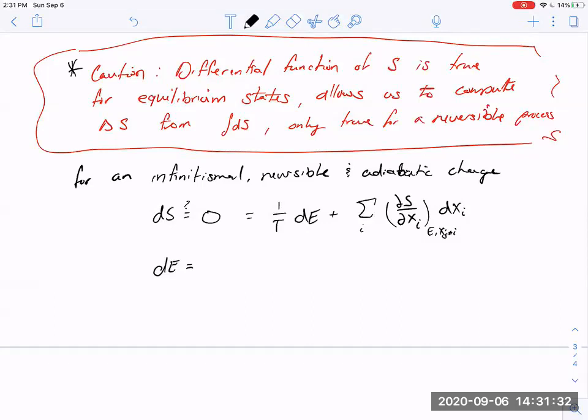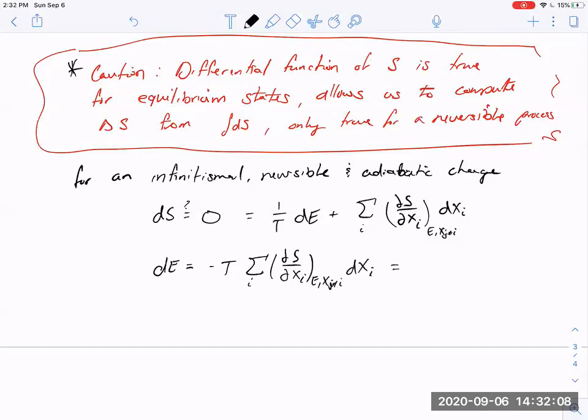So we have minus T dS/dx. All right, one more time. If we just rearrange the top line, we must have that dE is equal to minus T times the sum over all the potential ways the entropy can change due to changing mechanical variables.